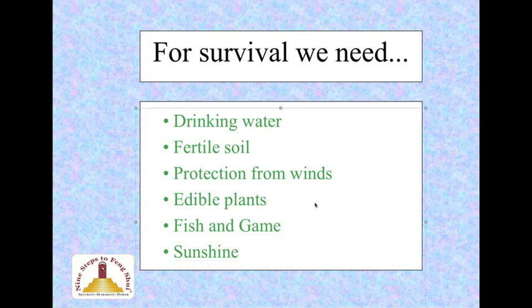Of course, you want to make sure that in a place that you settle, there's plenty of edible plants, so you can gather nuts and fruit, for example. You also want to make sure that there's plenty of fish and game, and you also want to look for sunshine. There's a direct correlation between our health and sunshine. An area that doesn't get enough sunshine, that is dark and damp, tends to grow mold.